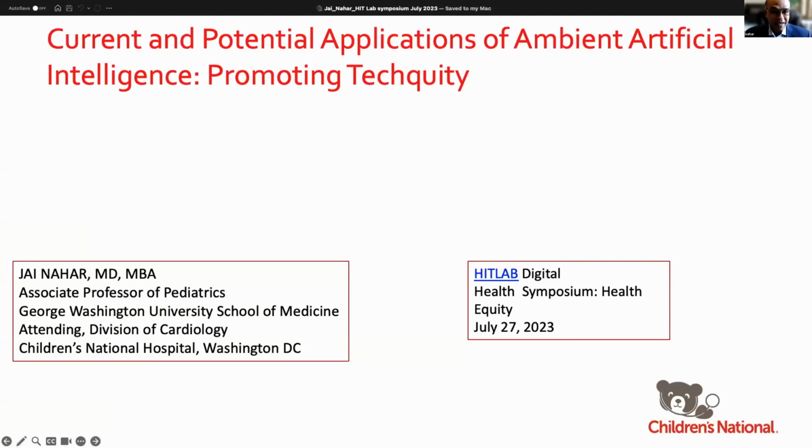My topic is related to it and fits in the broad theme of health equity. The topic is current and potential applications of ambient artificial intelligence promoting tech equity.